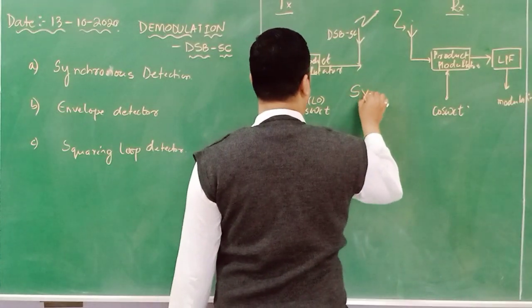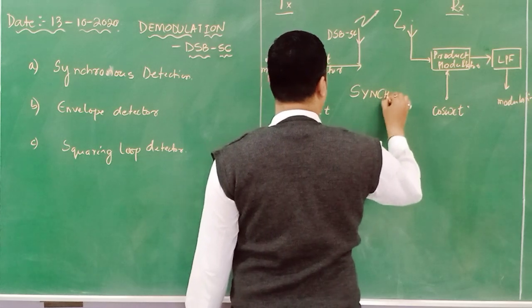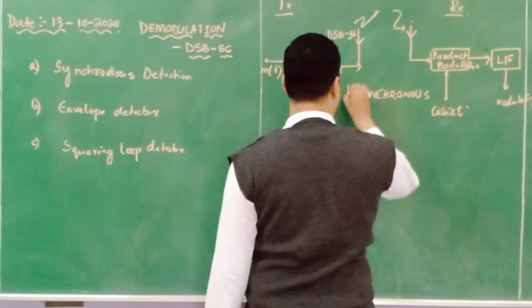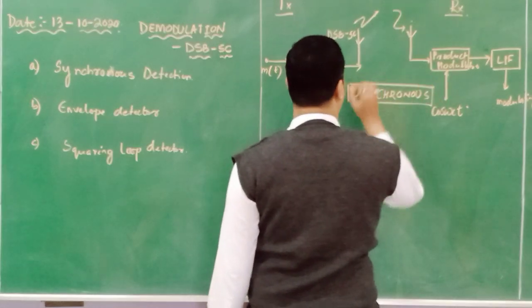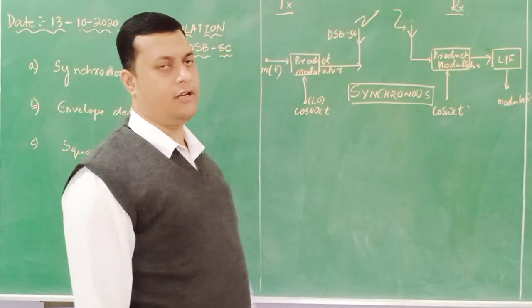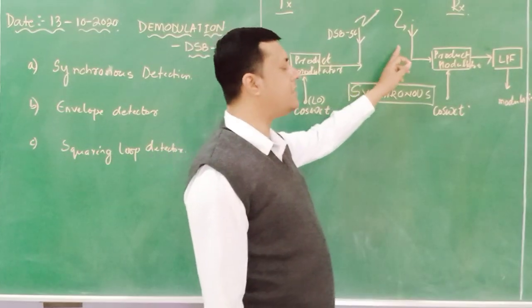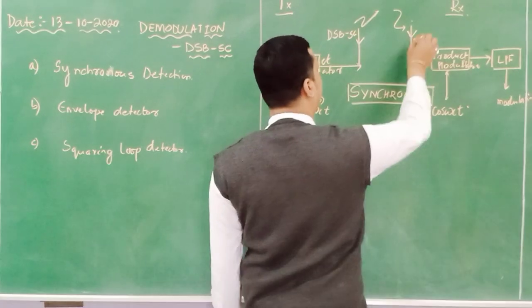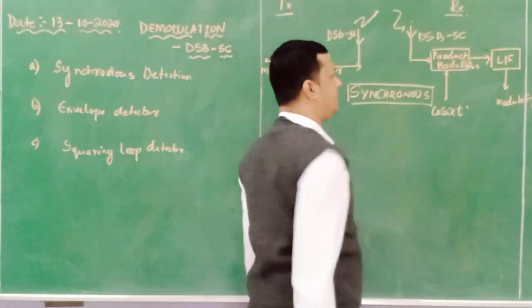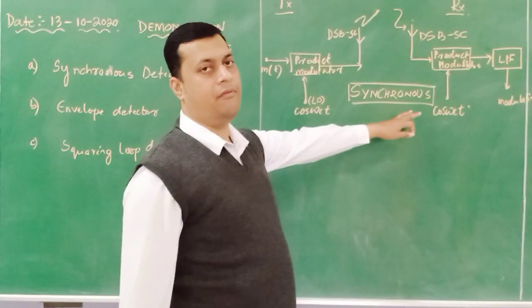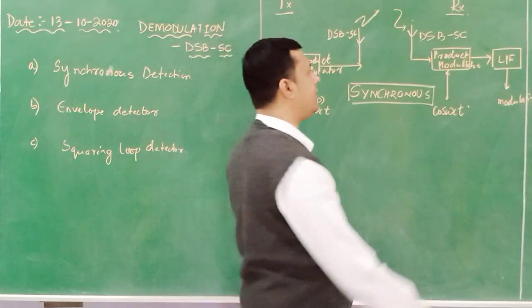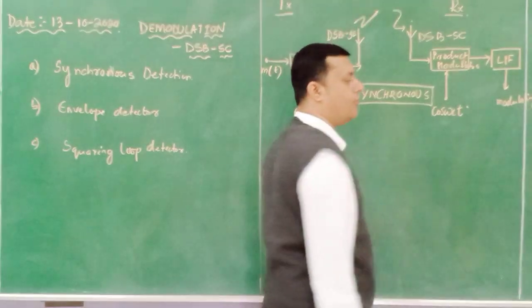So this is the synchronous detection. In the transmitter I generate the DSB-SC signal, and here I extract the modulating signal when I receive the DSB-SC signal. With the help of the local oscillator, the carrier frequency is provided, and we feed the resulting signal to the low pass filter.